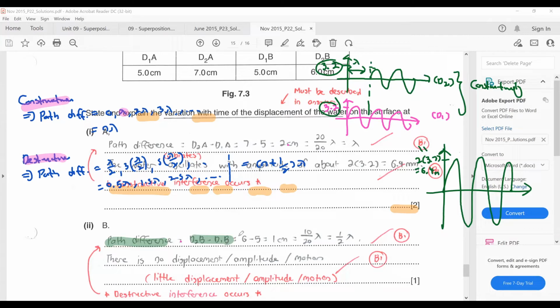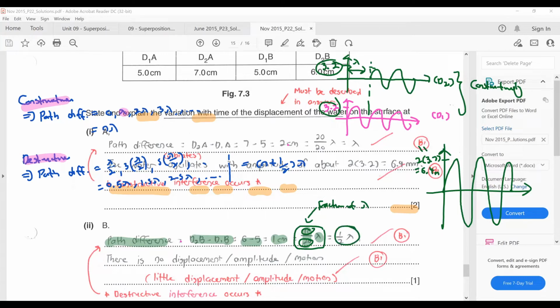D2B minus D1B is 6 minus 5, giving me 1 centimeter. You express it in fractions of lambda: 10 millimeter divided by 1 wavelength value, 20 millimeter. You're getting it in fraction of lambda. You know this is half lambda.